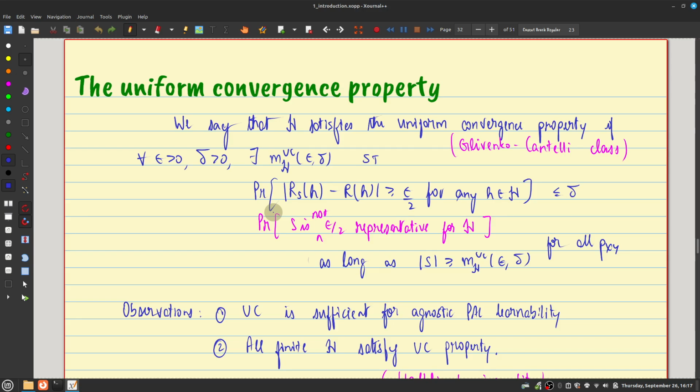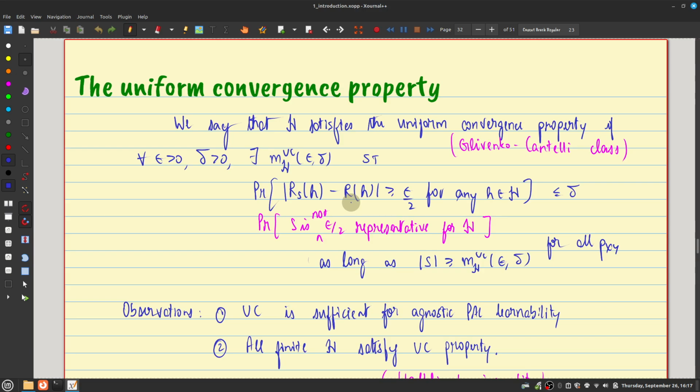So this should be for every single H. We want the empirical risk to be close to the generalization error. It's not for some H, it's for every single H in your hypothesis class.